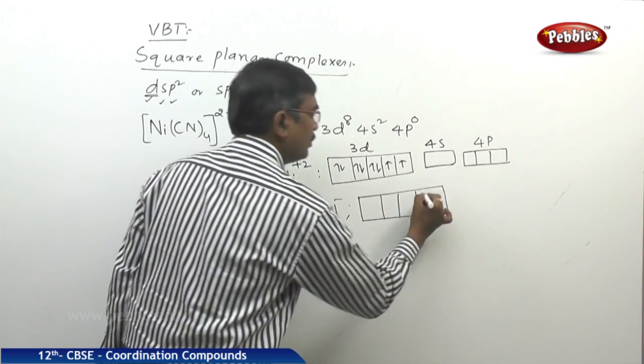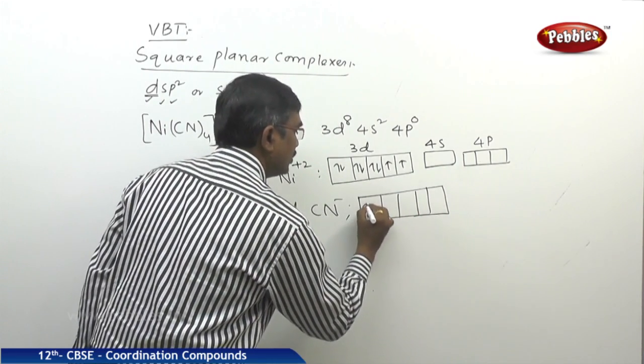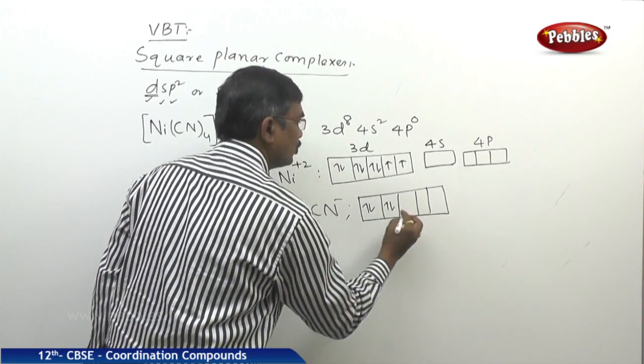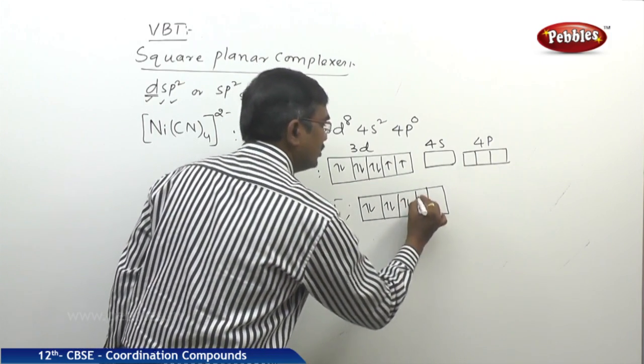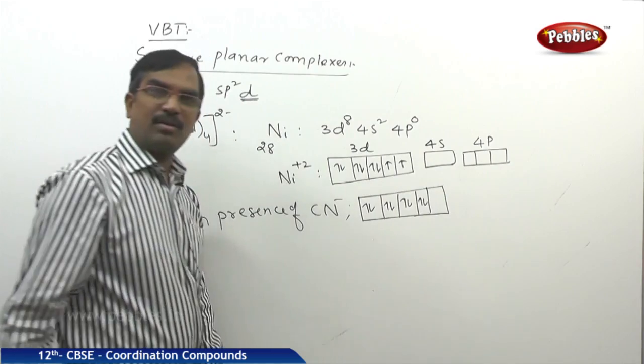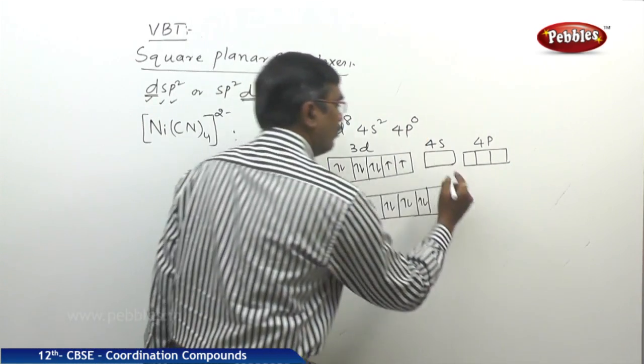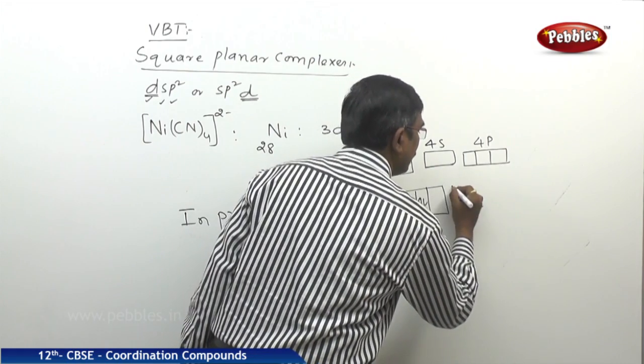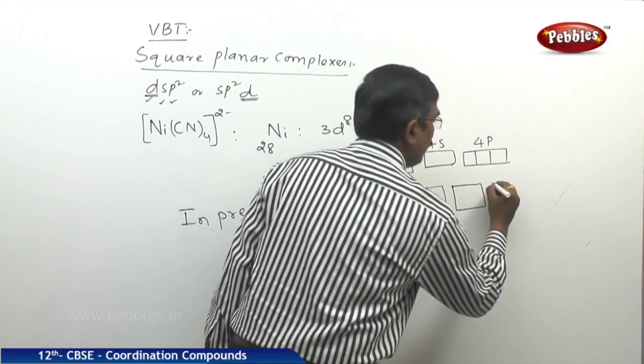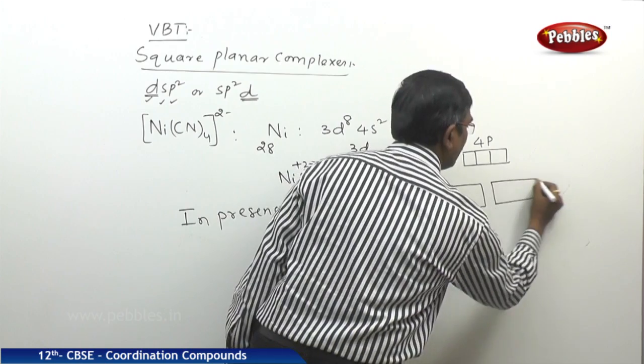So here the first orbital has 2 electrons, the second has 2, the third has 2, and the fourth has 2. Now the fifth d orbital is vacant. As usual the 4s orbital is vacant and the 4p is also vacant.